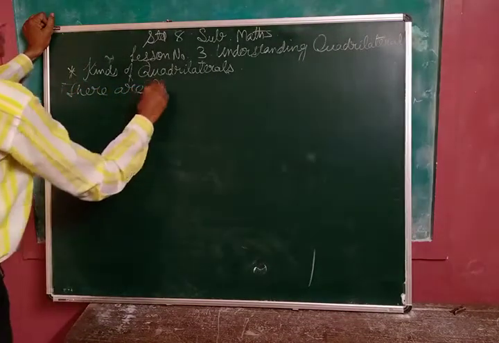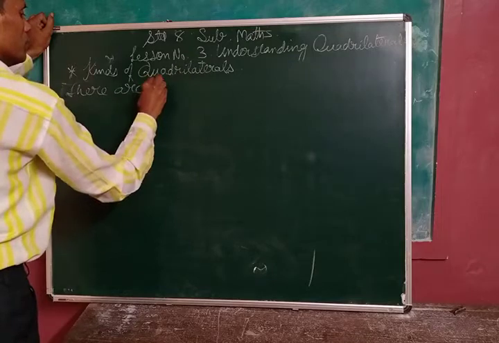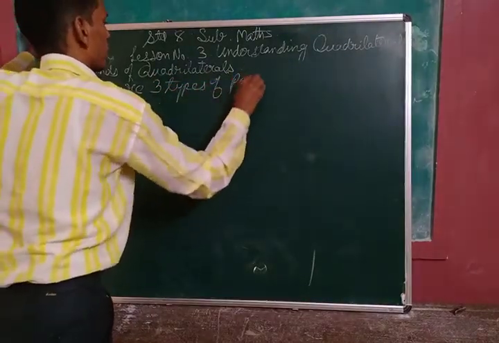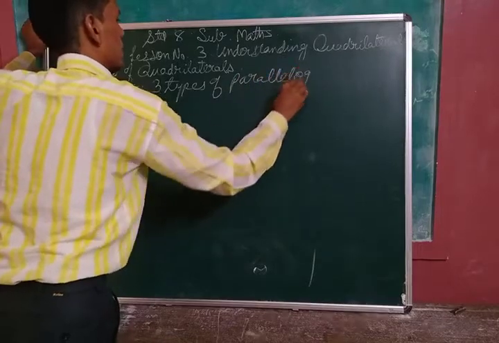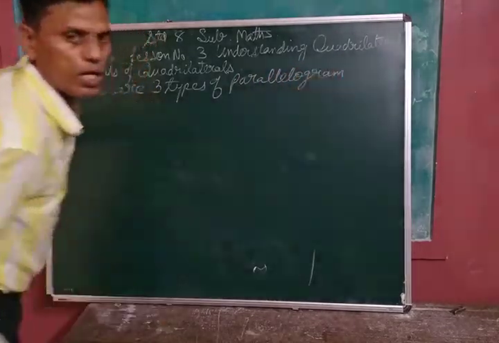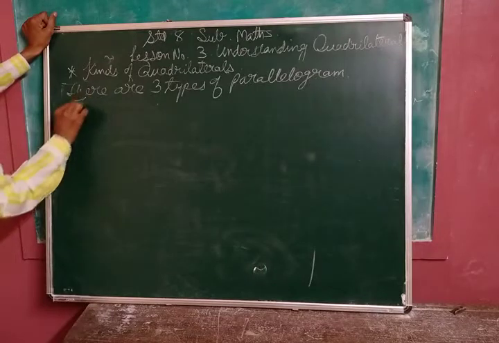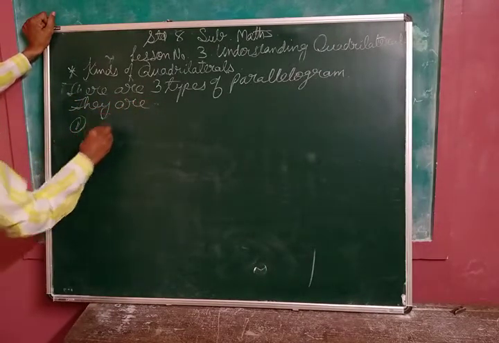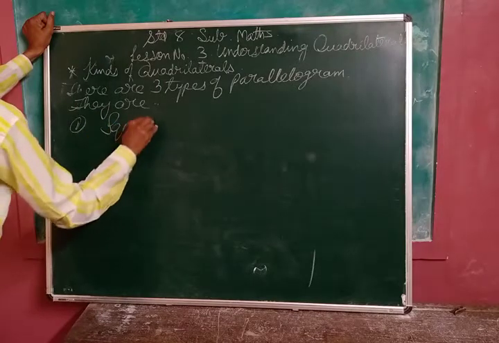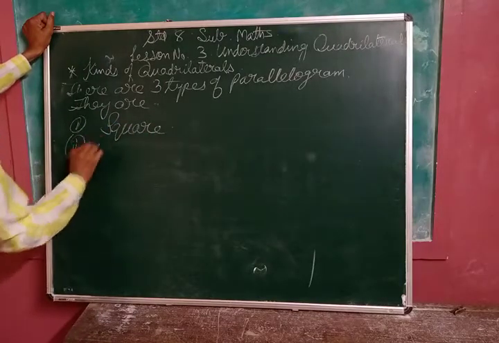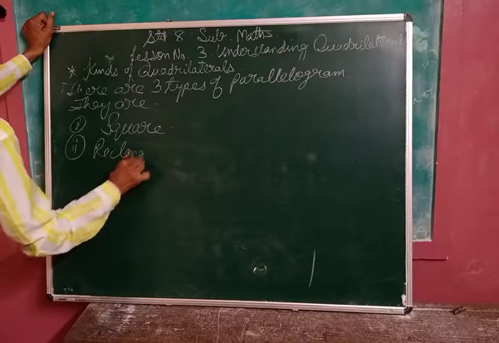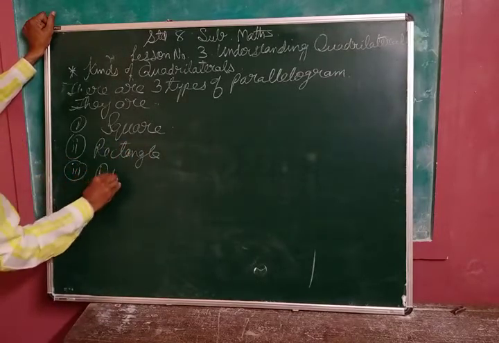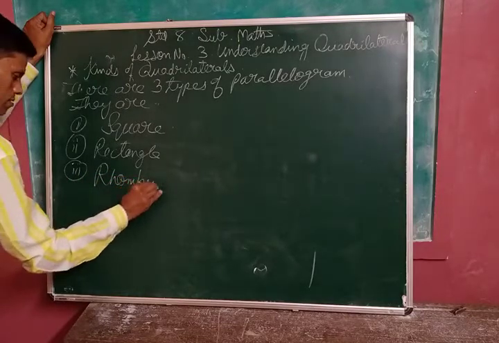There are three types of parallelogram. They are: first, square, rectangle, and rhombus.